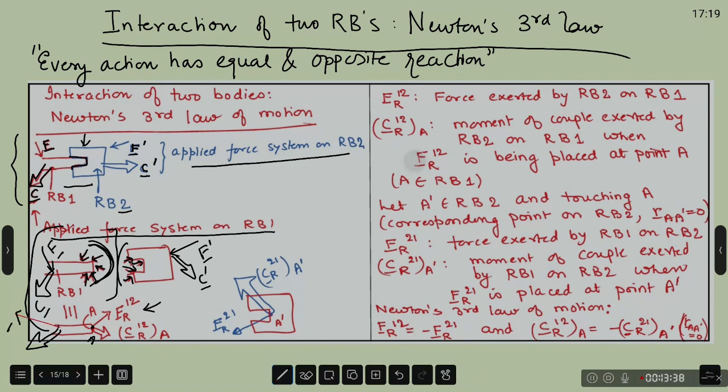So I have replaced the distributed force system by its equivalent force system having one single force and one single torque. And then I have also put a superscript here, two characters, 1, 2. By 1, 2 I mean that this force and this torque are coming from 2 on 1.